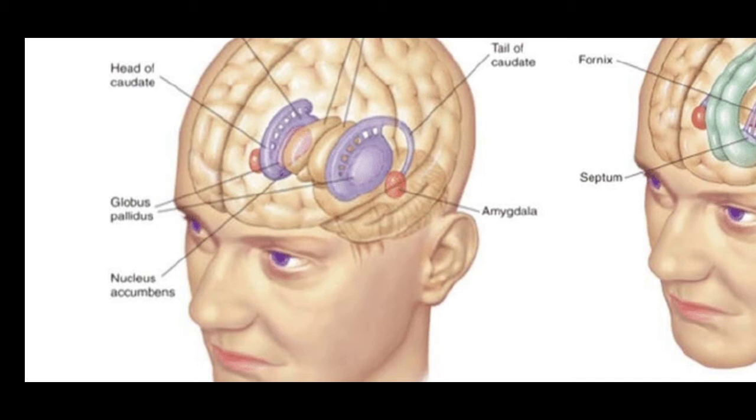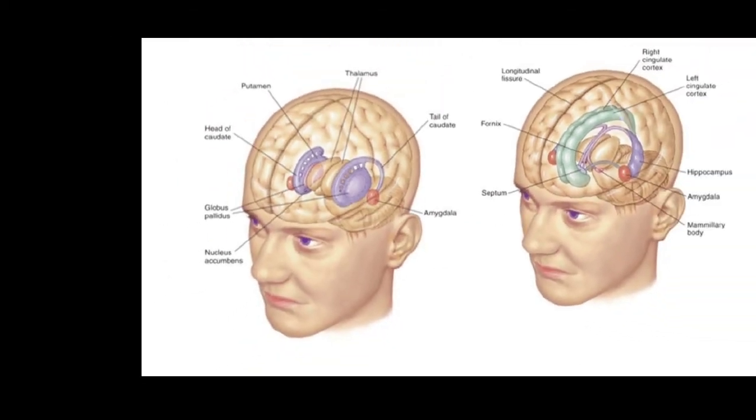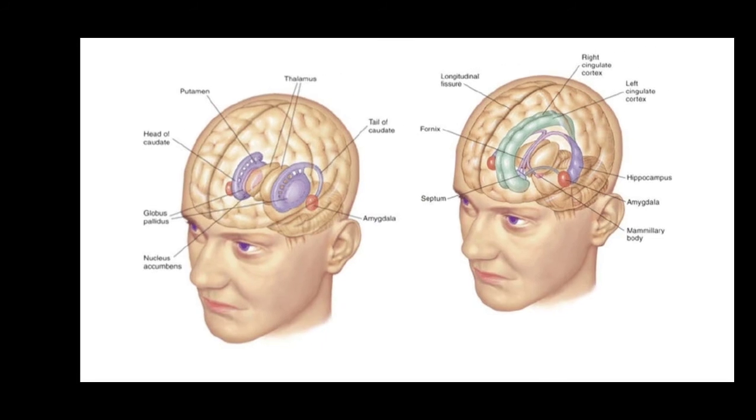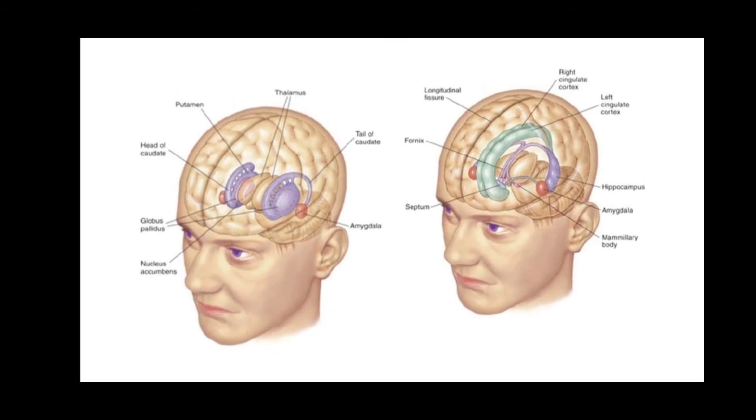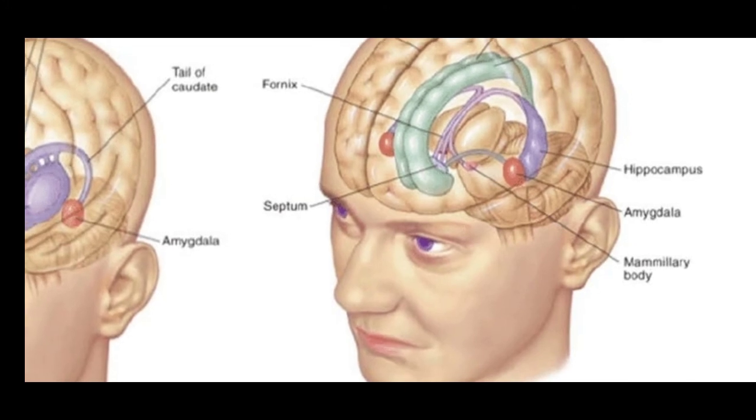The portion marked with this purple color is what is known as the main basal ganglia area. And then the image to our right shows the limbic region of the brain. So these two regions are also different parts of the brain, each responsible for particular functions according to their structure.